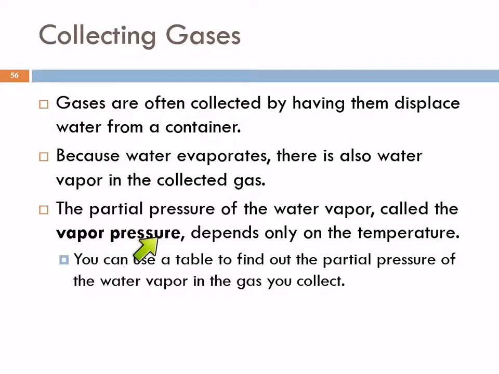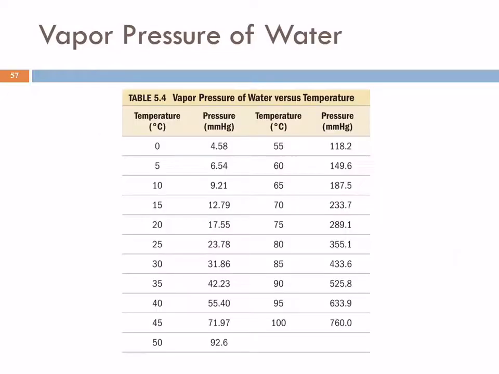It's the vapor pressure of water, but since that's the liquid we usually use, we don't even specify the water. That vapor pressure depends only on the temperature of the water. People have measured it, and you can just look it up in a table. So that's pretty nice. Here is such a table.